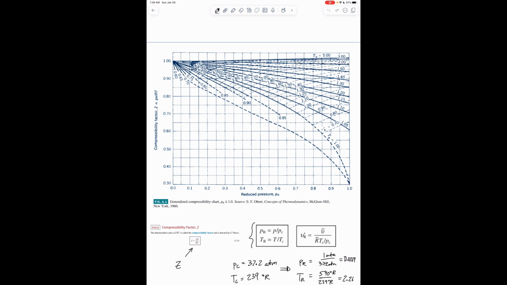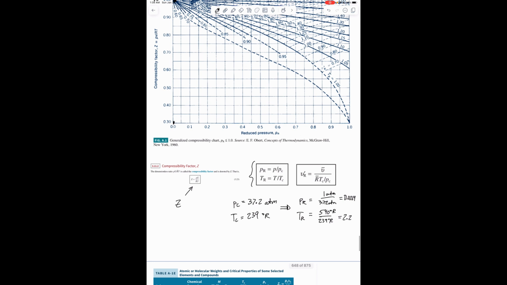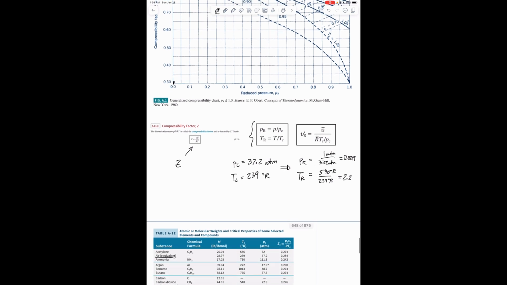Just to keep it simple, I'm going to follow the 2 line. And our reduced pressure is super low, somewhere around here, right? So when these two lines converge, it's somewhere up here. So it's almost 1. So our Z factor, based on state 1, is almost 1.